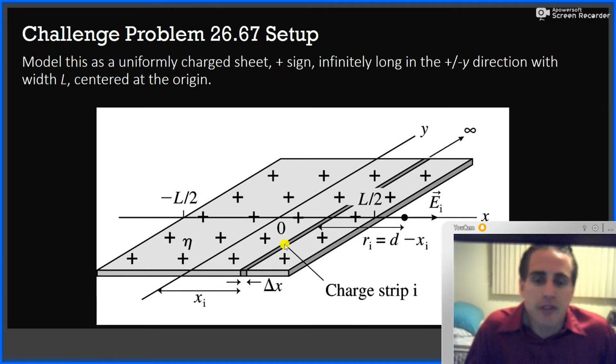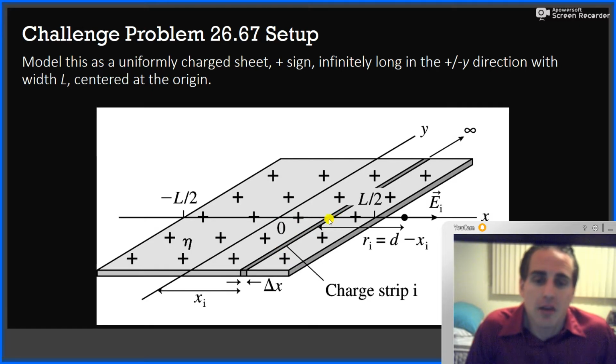And then we're also saying that that strip that we were focusing on is at location X. And X is somewhere along the sheet, and it's just some location X away from the origin.